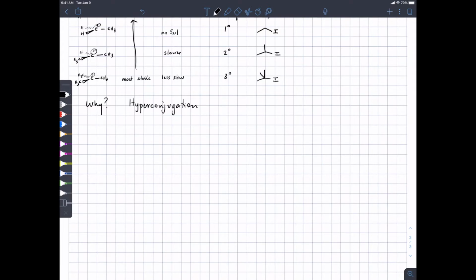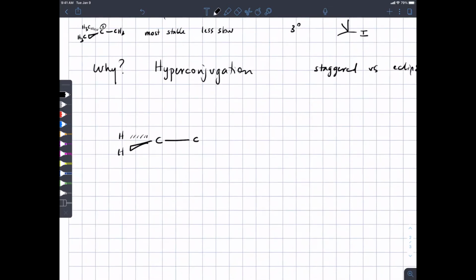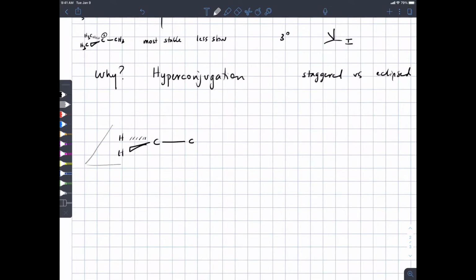And I believe this example should be familiar to you because when we first learned about hyperconjugation and considering why staggered is more stable than eclipsed, I believe we used a carbocation as an example. So I'm just going to draw a primary carbocation. All of these atoms that I've drawn so far are in the plane that's indicated by that gray parallelogram.